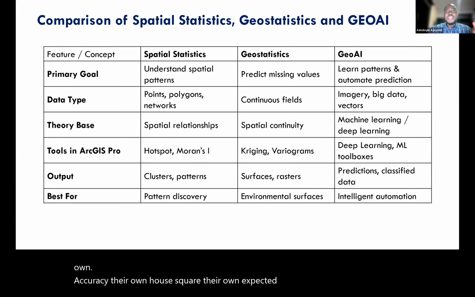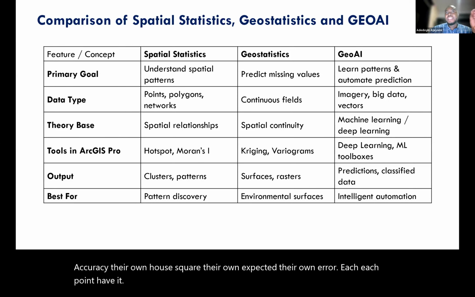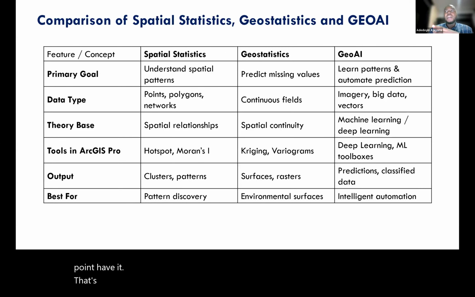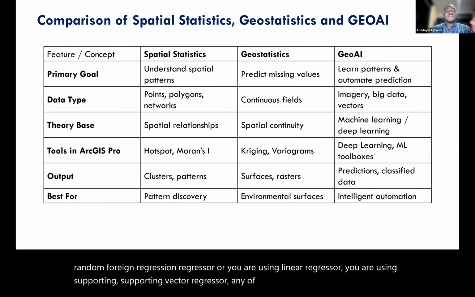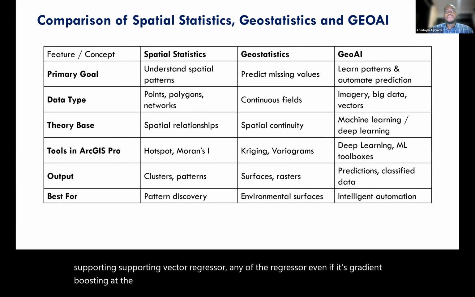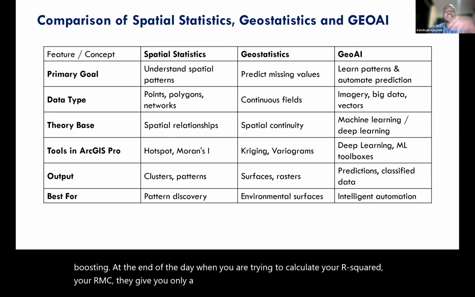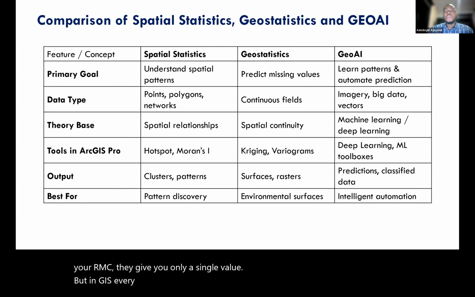That's one advantage of it over the traditional approach. When you are using a random forest regressor, or a linear regressor, or a support vector regressor, any of the regressors, even gradient boosting, at the end of the day, when you calculate your R square and your RMSE, they give you only a single value. But in GIS, every boundary, every point gives you that error score.